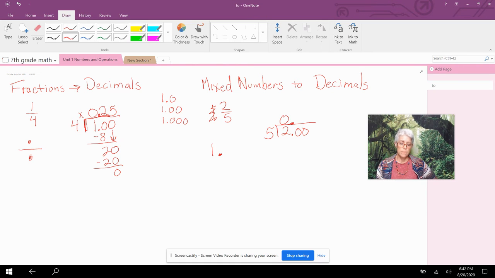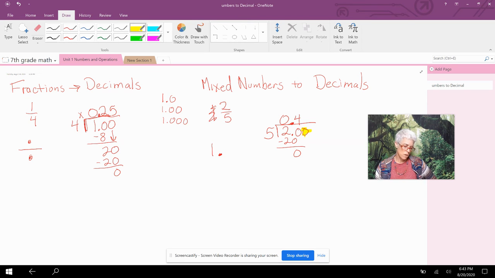Bring the decimal up. 5 goes into 20 4 times. Okay, pause. Here's where a lot of students make the mistake, because they see a 0 and they think it has zeroed out. But look, you still have another 0 right here.